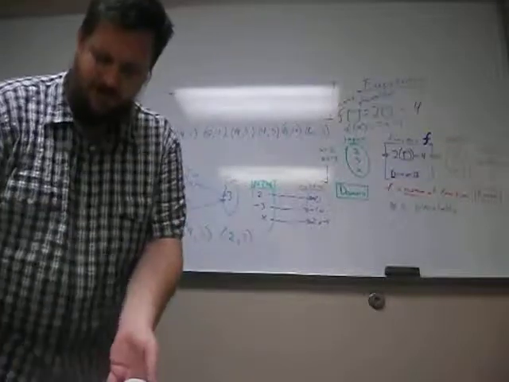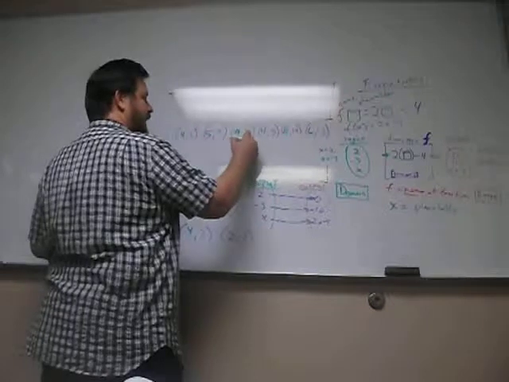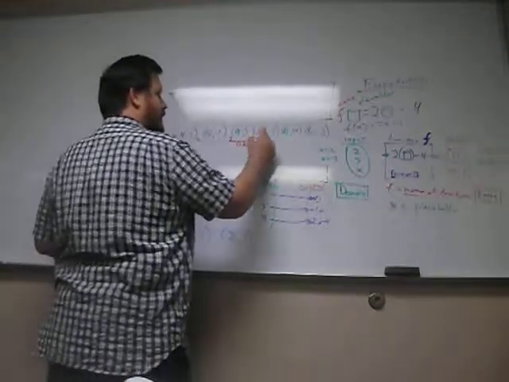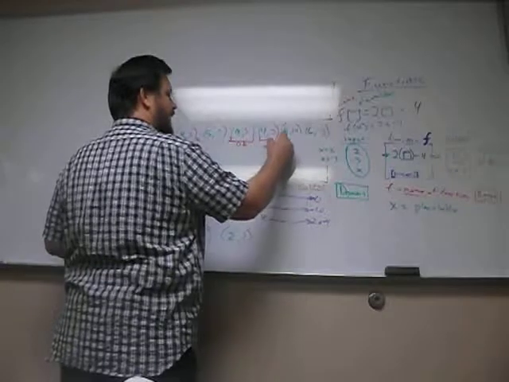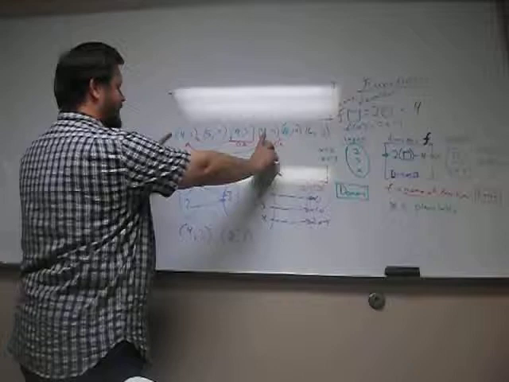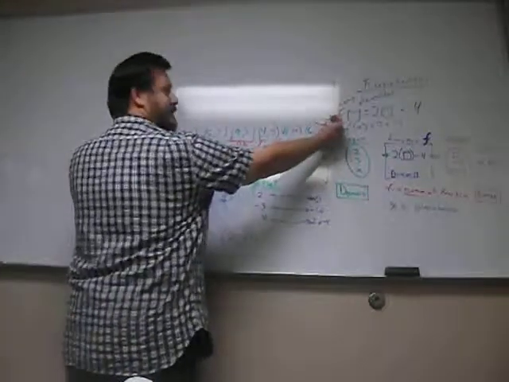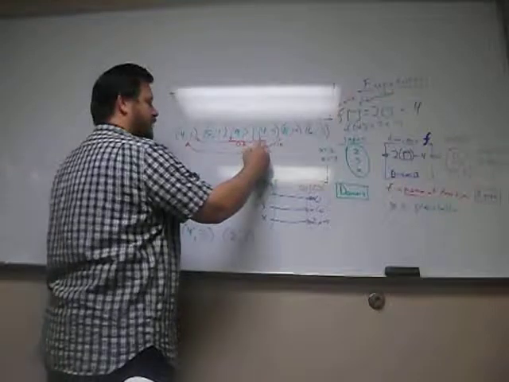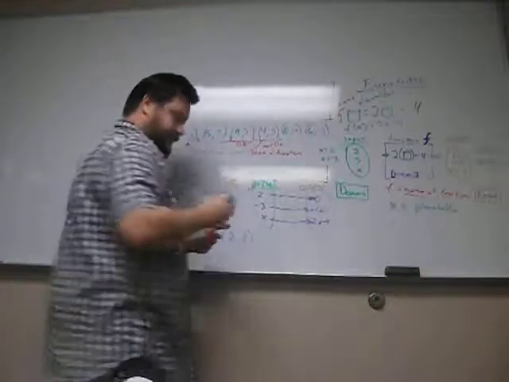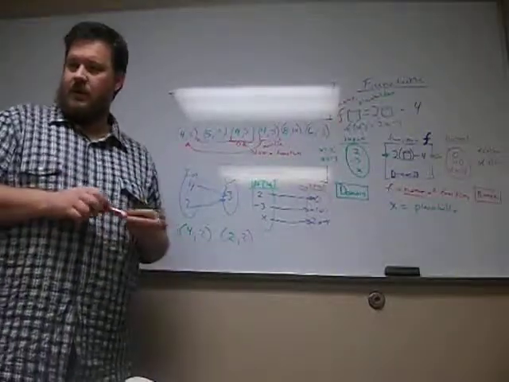So this here is okay to have along with this one, but this one here is not okay because for the same input, it has a different output. Therefore, this series of things is not a function. And that is what you need to know for that.